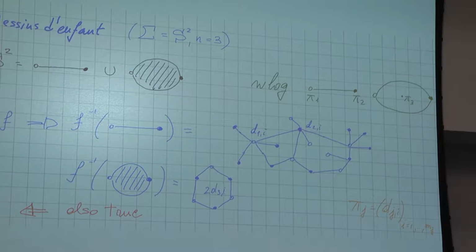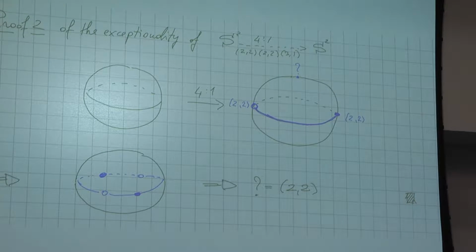And so using this second proof of the exceptionality of these 2, 2, 2, 2, 3, 1: suppose you have a 4-to-1 cover of the sphere onto the sphere with two partitions 2, 2, and the third one you don't know. Then if you lift this segment, if you lift a valence 1 vertex in a twofold way, it will become valence 2, so it's not a vertex anymore.